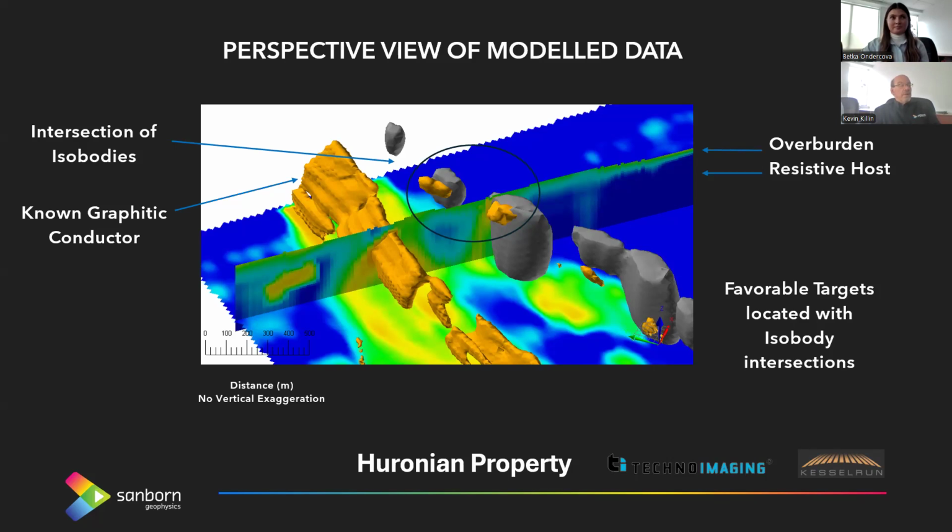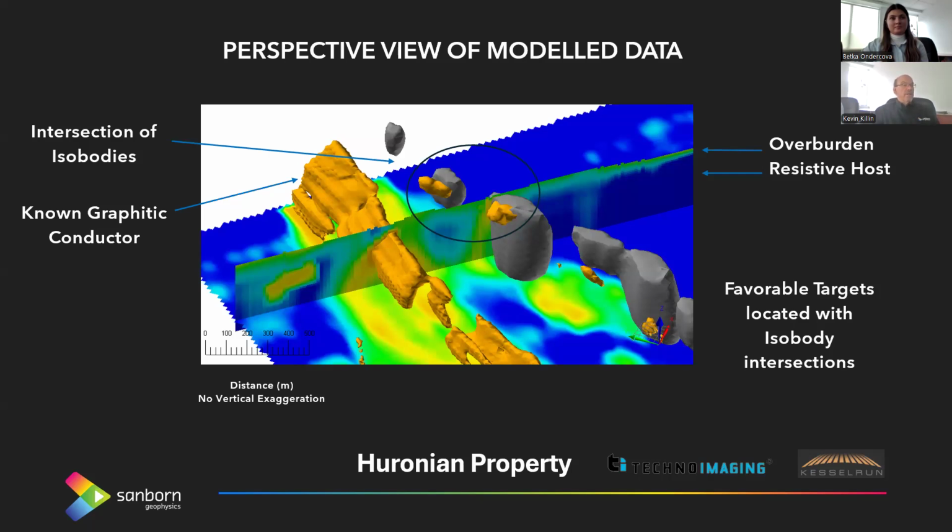All right, these are the actual targets that have been chosen. So the gray isobody shows the inline magnetic vector high amplitudes, and with the yellow, there's a correlation with the conductive bodies as well. So the isobodies in perspective view are very useful for target generation and location.